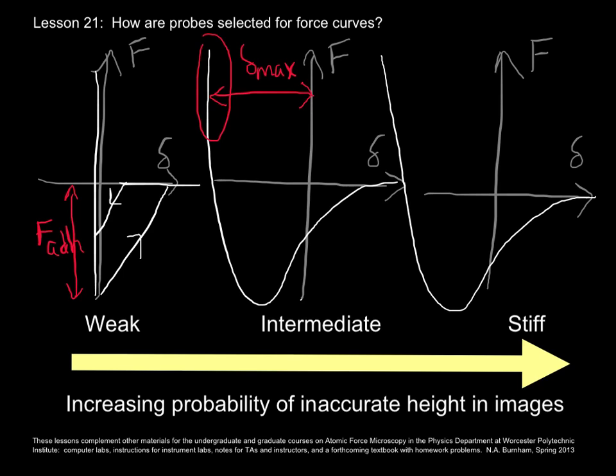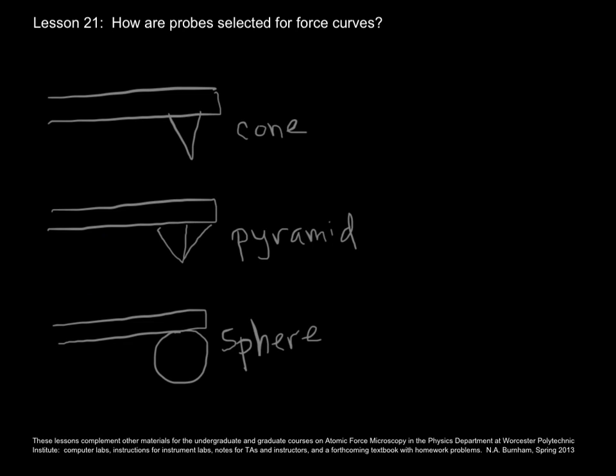I'm afraid that's beyond the scope of what I'm doing here, but it might be the subject of an advanced lesson someday. In summary, for the cantilever, think about what you want to see in your force curve, and then use a cantilever just stiff enough to see that, but no more, so as to keep your images as accurate as possible. And now the tip.